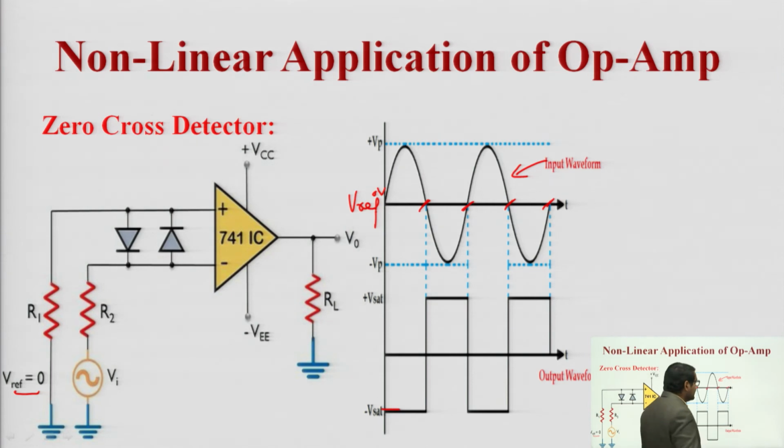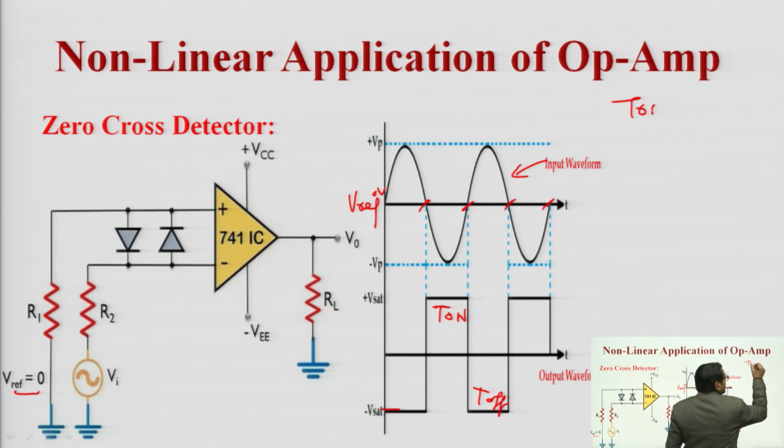So, this is the zero cross. Here we see the on time and off time are equal. If T on and T off are equal, then the duty cycle is 50%.